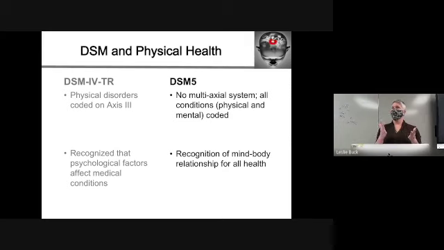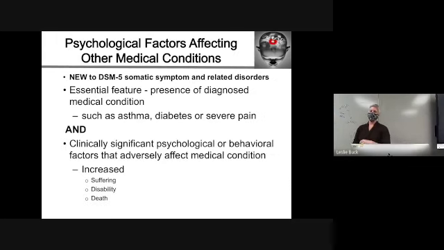Now, within the DSM-5 is a diagnosis called Psychological Factors Affecting Other Medical Conditions. Essentially, the person has something going on psychologically. It could be a diagnosed condition like anxiety or depression or a sleep disorder, or it could be simply a psychological symptom that makes a medical issue worse.